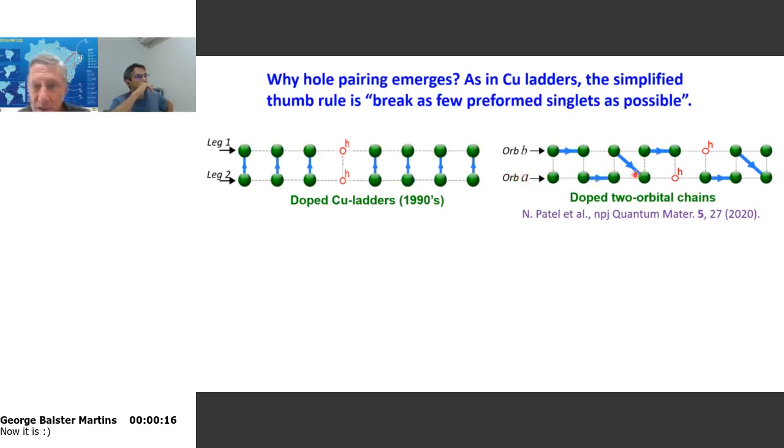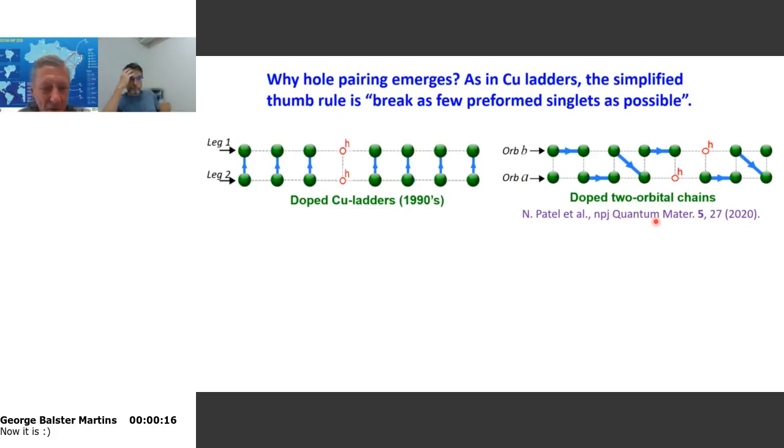And I try to convince you that we have preformed spin 1/2 singlets. So same story. You add a hole, you break a spin 1/2 singlet that was very happily formed. You add another hole, you break another one. The way to minimize the damage is to put them together. And in this publication, you can see the numerical evidence that this thing is working.